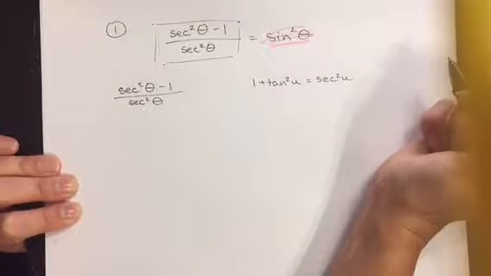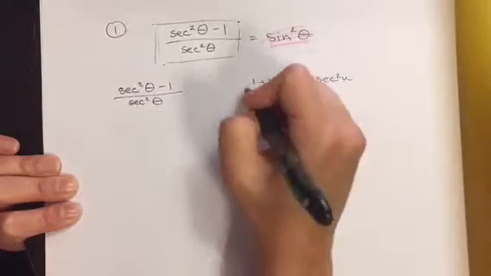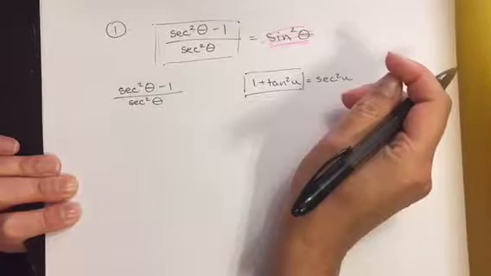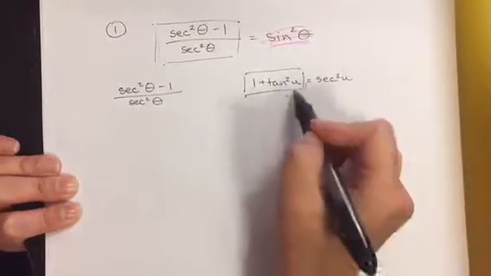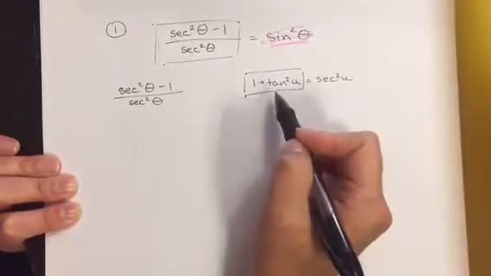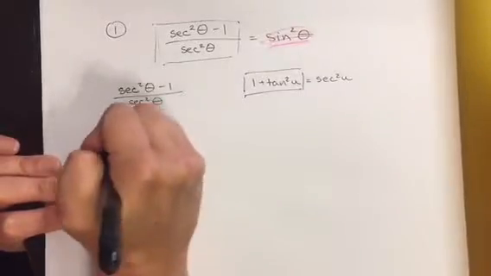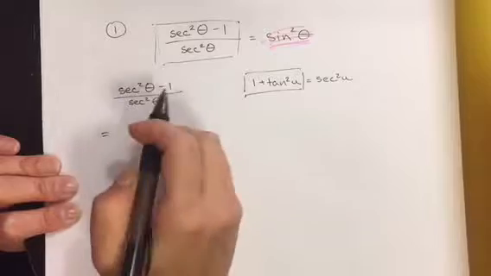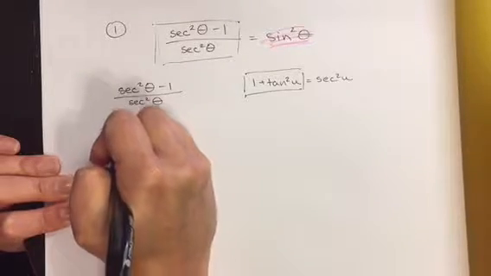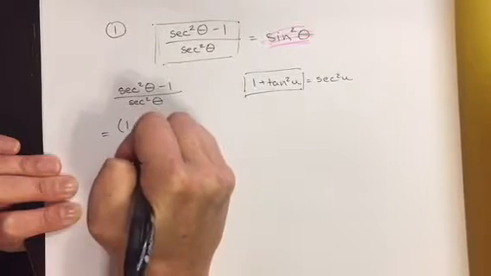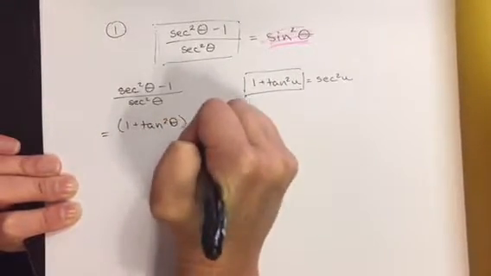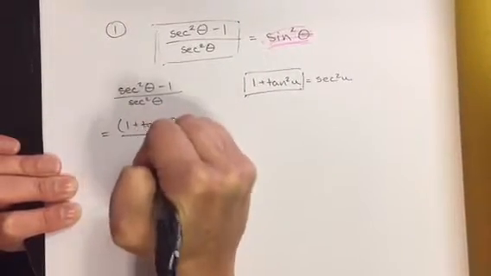All right. So by doing this, I'm going to plug in 1 plus tangent squared theta in the numerator, because my variable now is theta. So secant squared theta minus 1 over secant squared theta then is going to equal 1 plus tangent squared theta minus 1 over secant squared theta.